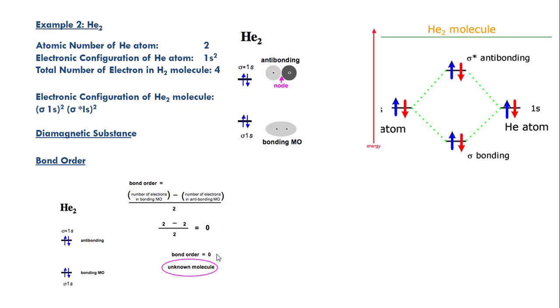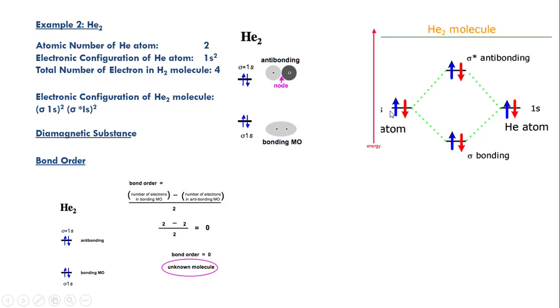And this is the helium molecule. Helium has atomic number 2 and electronic configuration 1s2. How many total electrons are present in the helium molecule? 4 electrons: 2 plus 2. One helium atom has 2 electrons and the other has 2 electrons, total 4.